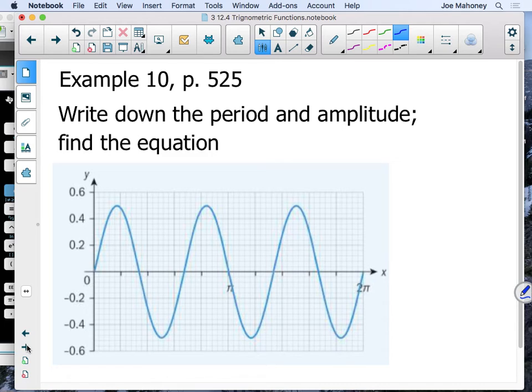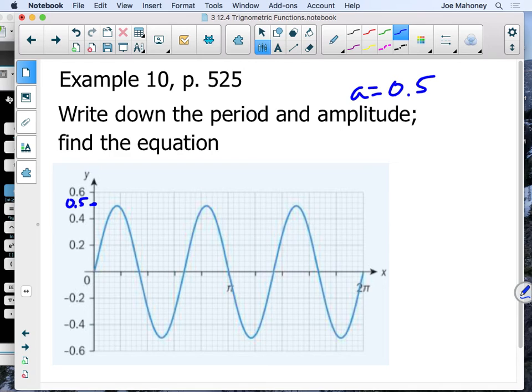Hey, welcome back. So when I look at this graph, I think, okay, it's starting at 0, so it's a sine graph. The amplitude looks like it's up here. Maybe that's like 0.5. So the amplitude is 0.5.